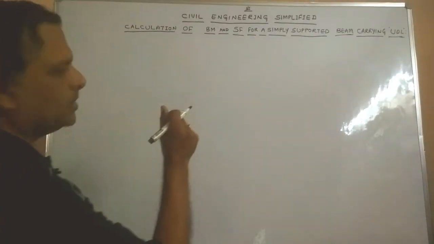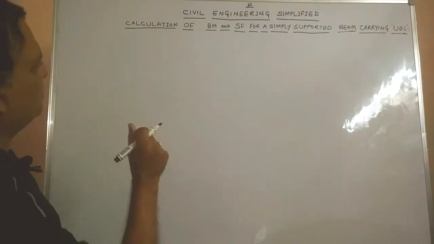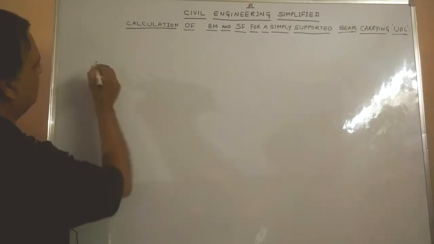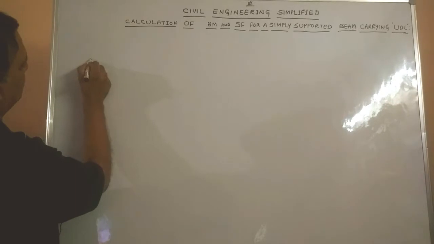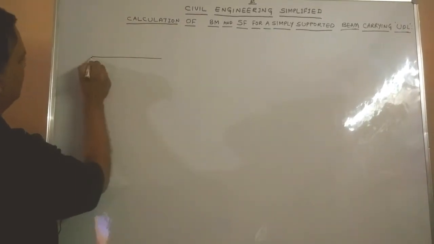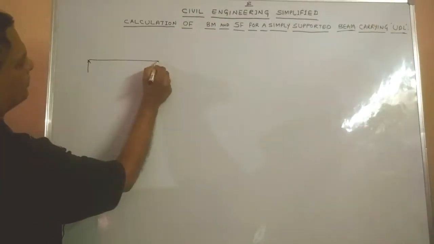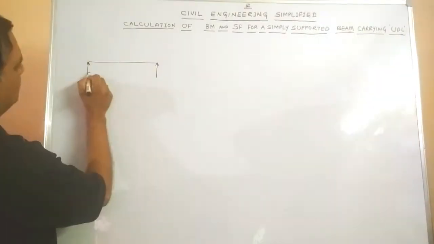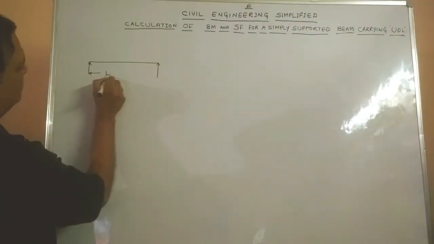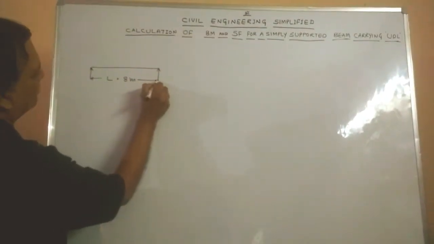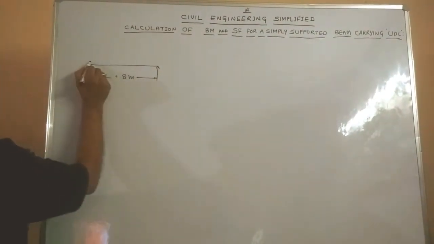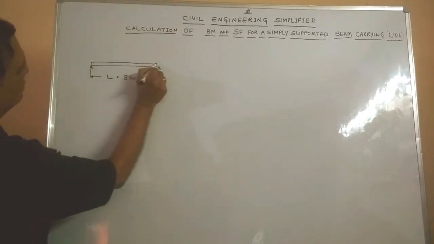To understand this better, let us take a simply supported beam of certain span. I am going to write a schematic sketch of a simply supported beam here. Let us consider a span of 8 meters, and a UDL acting on the beam.